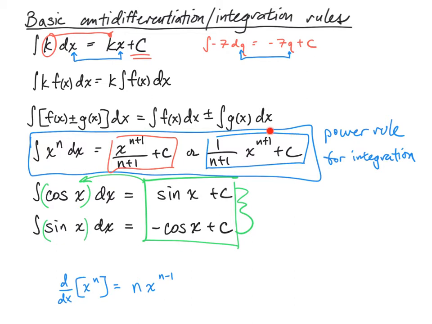So I tend to use this explanation or this writing of it. You can add 1 to the exponent, and this is multiplying by the reciprocal of the new exponent.